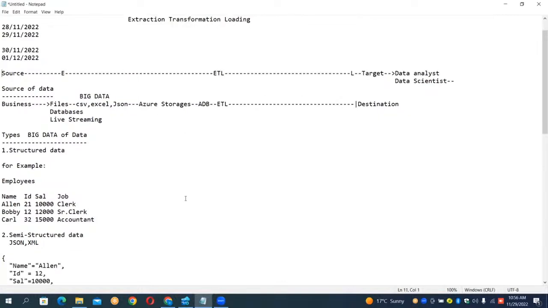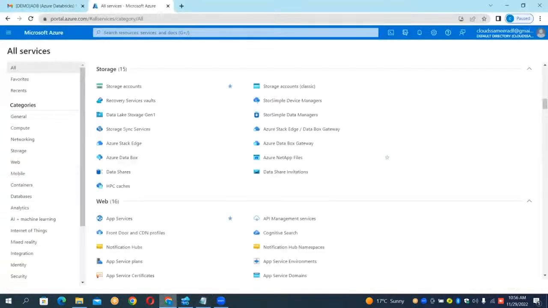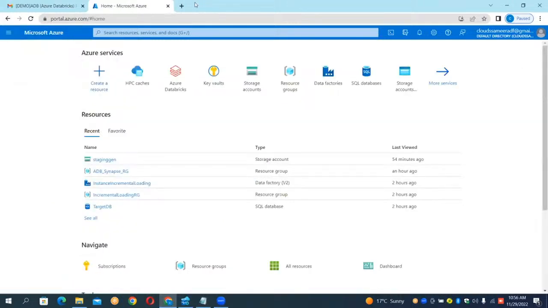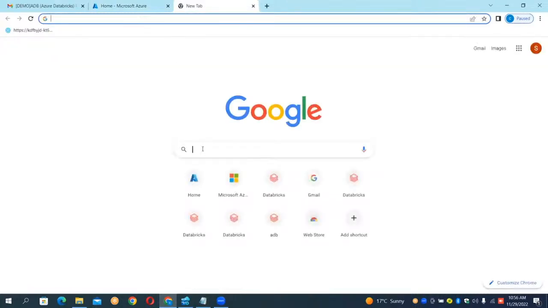So I showed you this one, and now I'll show you how to start this session, so that you can prepare yourself accordingly. The practical skills begin from tomorrow. Now, guys, do one thing: open a tab and type azure.com.